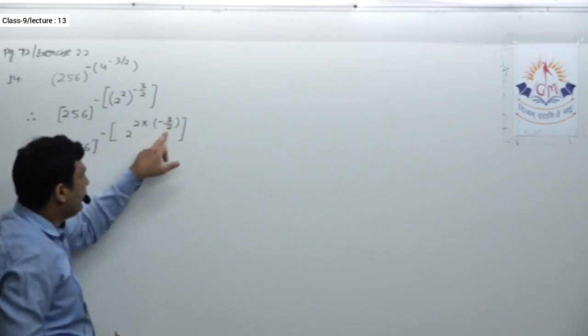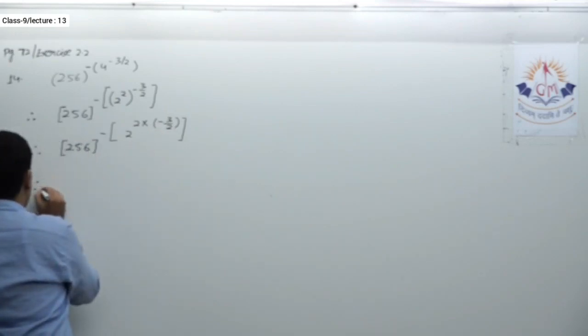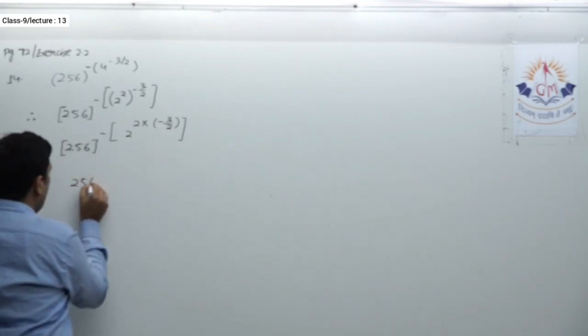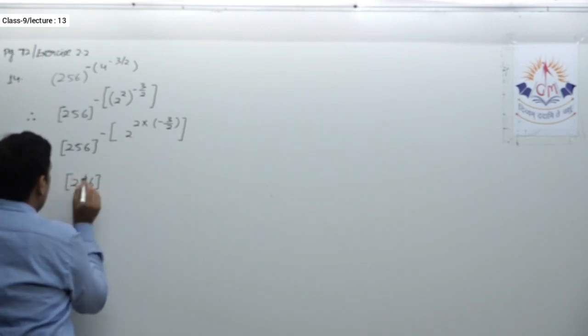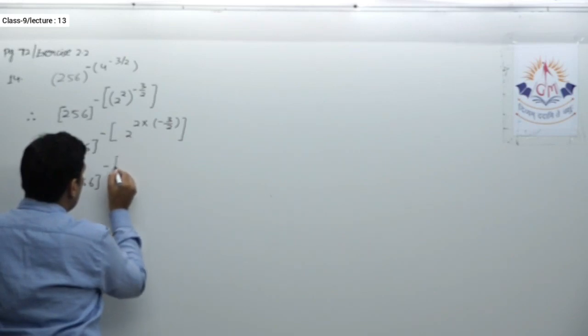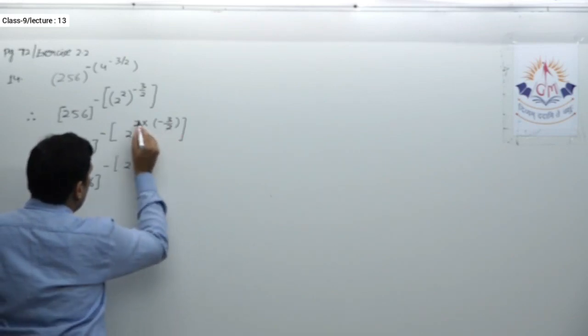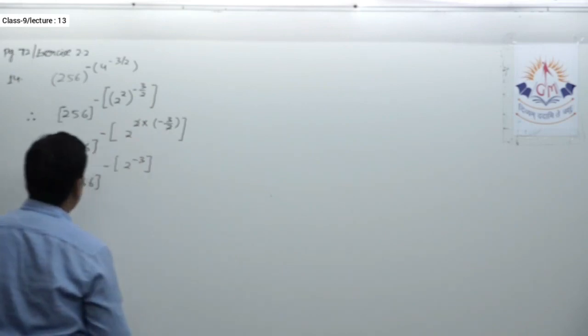Now 2 and 2 will cancel out. So here I'll get 2 raised to minus 3. So here I get 256 raised to minus of 2 raised to minus 3.